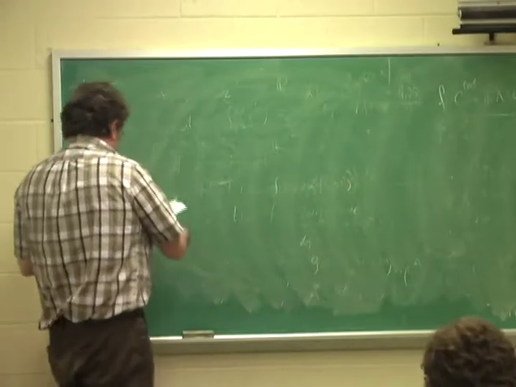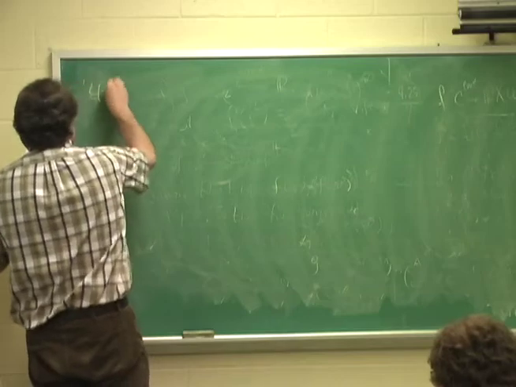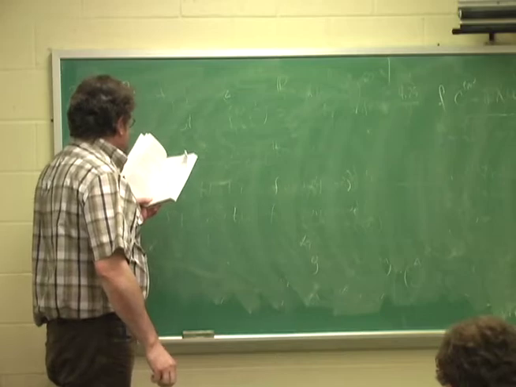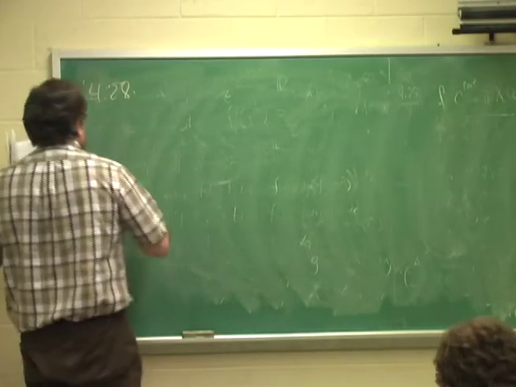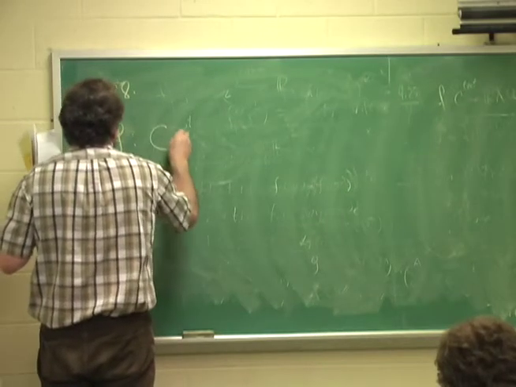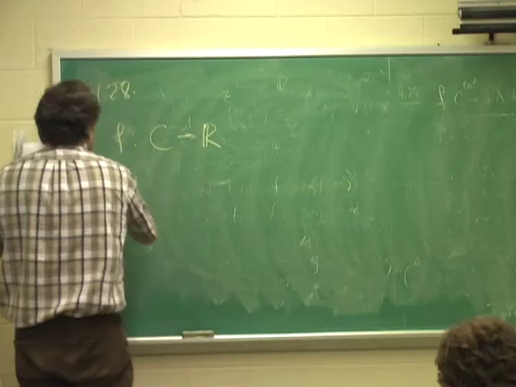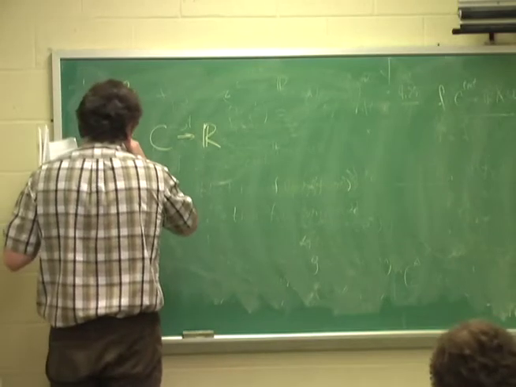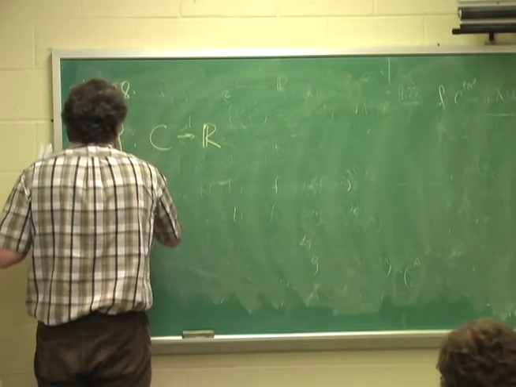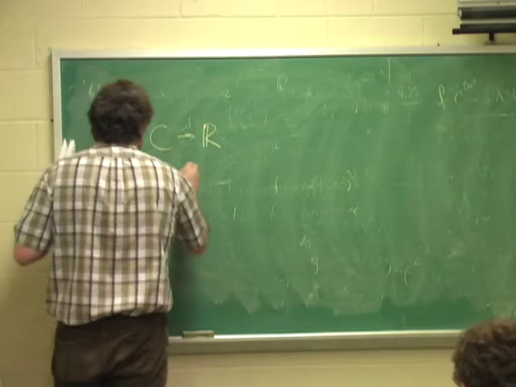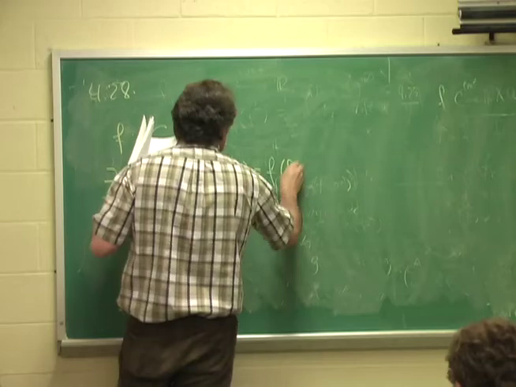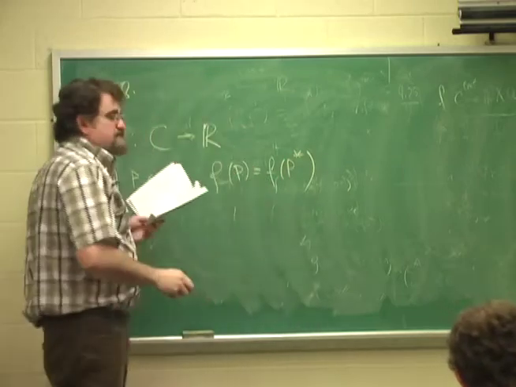Okay, so let me do 428. State and prove analog of the Borsuk-Ulam theorem for mappings from a circle to R. And consider mapping f from a circle to R. There exists p in circle such that f of p equals f of p star.